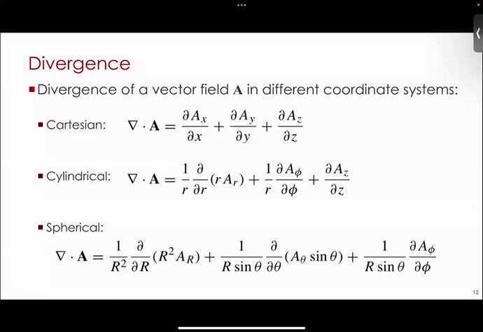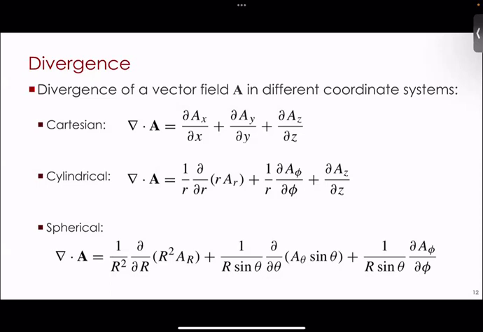Respect the brackets. So the first thing I have to do is multiply A theta by sine theta. Then the result of that, I take the derivative with respect to theta. The result of that, I divide by r sine theta. Okay. And that gives you that middle piece.